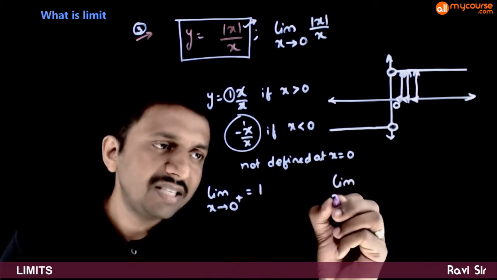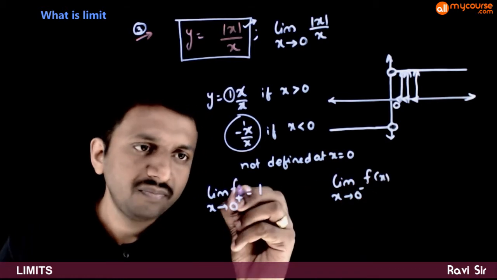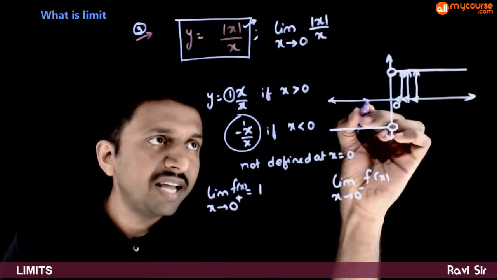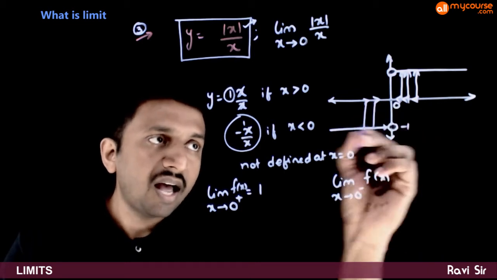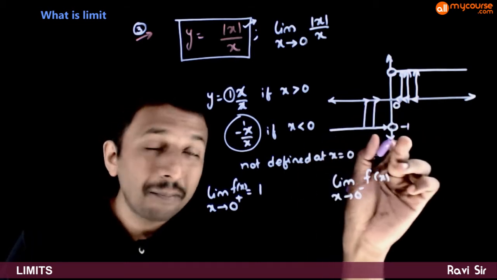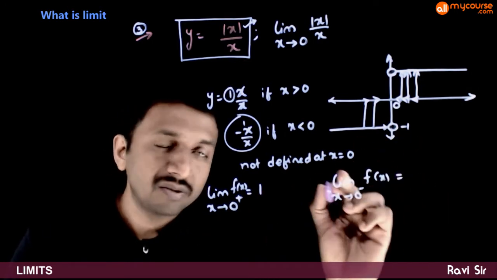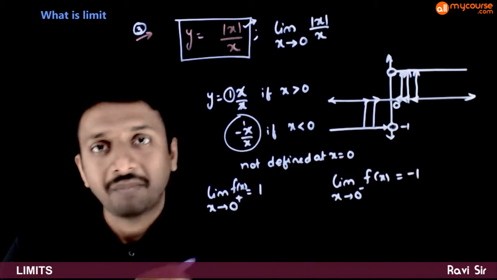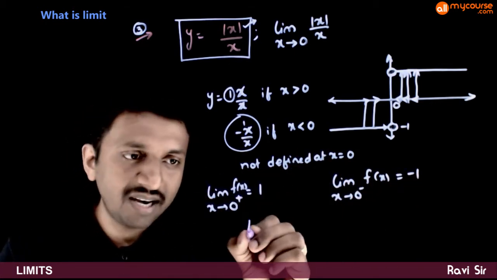And limit x tends to 0 minus, what is f of x? If you go from the negative neighborhood of 0, as you can see, the values of y are tending to minus 1. So limit x tends to 0 minus f of x is minus 1. So here also the right limit is not the same as the left limit.